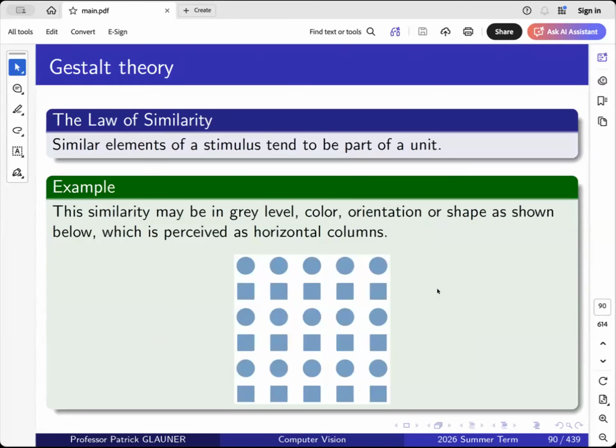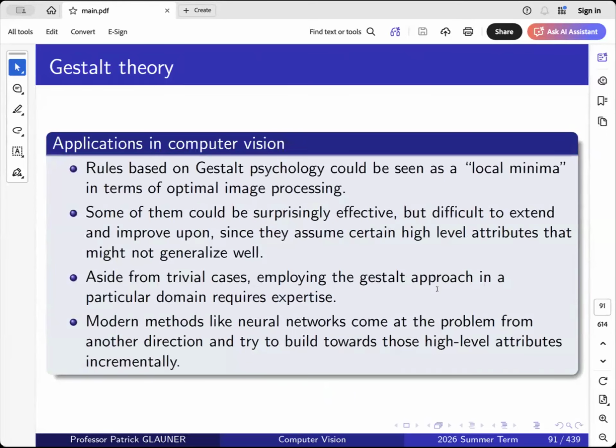So I see lots of agreement. Now, you're wondering, what is this useful for? It comes from psychology, but in fact, this could be used in computer vision, and some computer vision systems take advantage of this. So with these rules, or these laws, imagine we have a vision system and it needs to recognize certain objects.